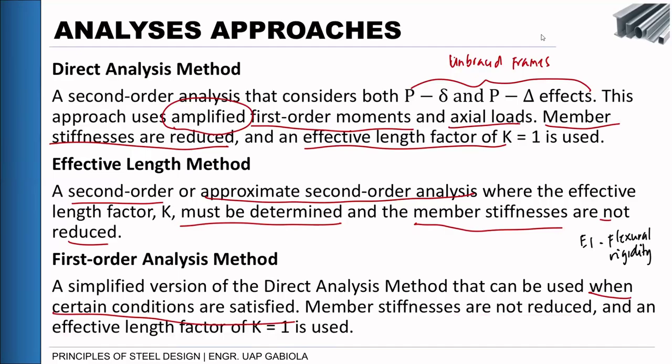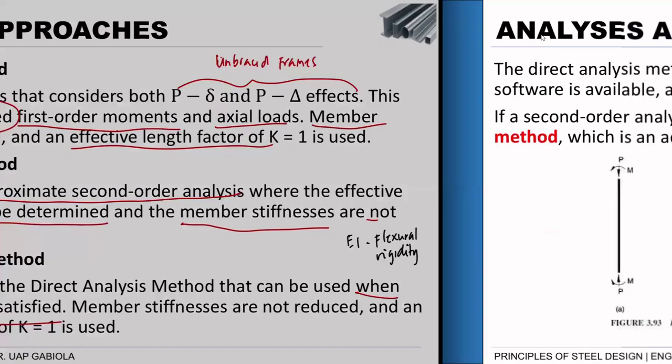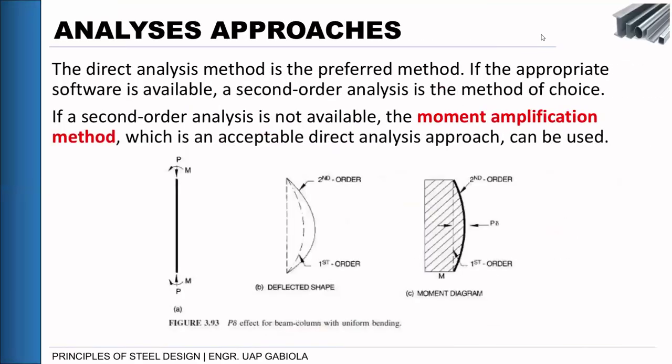Okay? So, between those three, the direct analysis method daw is the preferred method. So, if the appropriate software is available, kasi pag we model our structure in a computer software, it can perform second order analysis na, to identify the value of the moment and the actual forces.